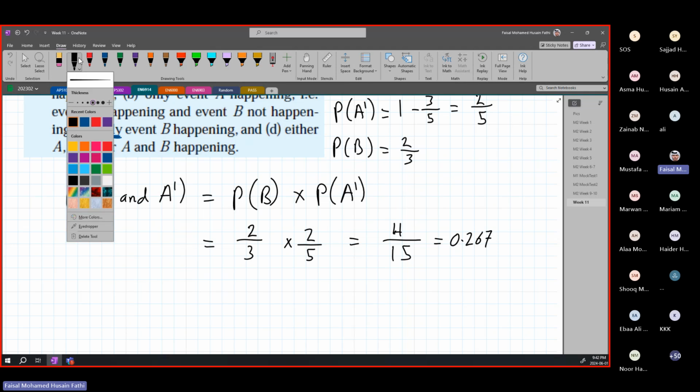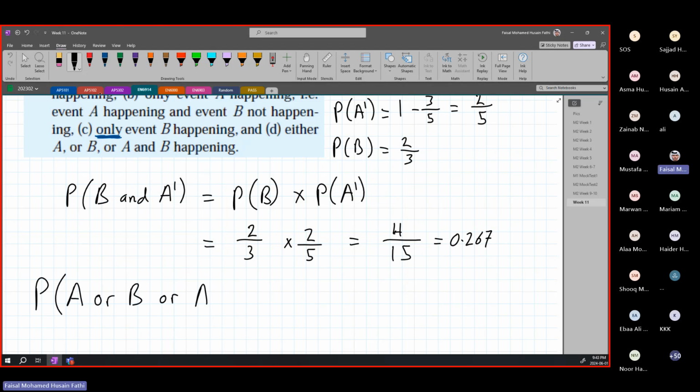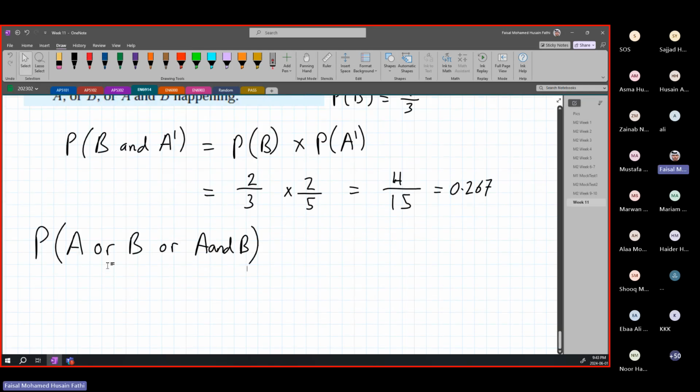Now let's look at the final part. The final part says step by step, either A or B or A and B happening. So step by step. So P of either A or B or A and B happening. This is what we want. Remember that "and" is multiplication, "or" is addition.